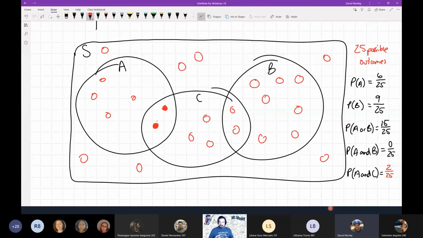"Or" wants to know what are all the possible outcomes between the two events, right? Could say, what's the probability of A or C? And that would be 1, 2, 3, 4, 5, 6, 7, 8, 9, 10, 11. Right?